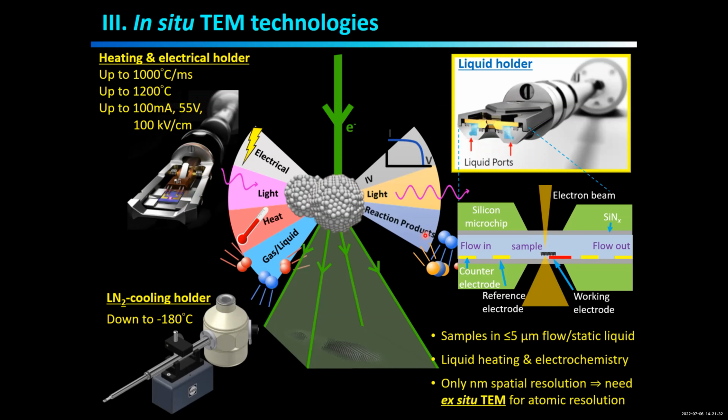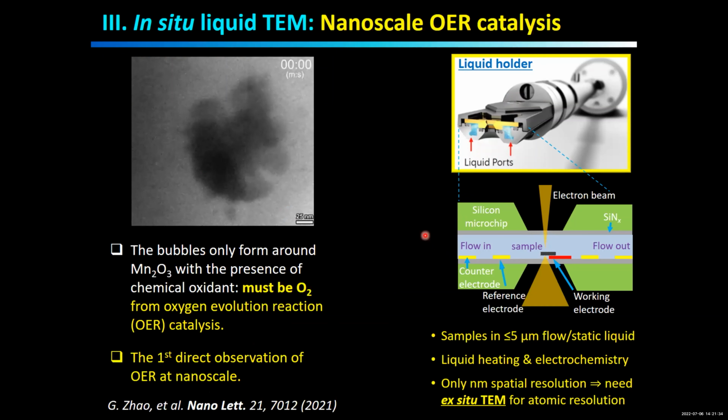So next, I will use our recent work to demonstrate the power of the in situ liquid holder. So for this holder, the sample will be loaded on this silicon nitride membrane, and the liquid flow can be conducted within these two membranes so that it will not affect the vacuum of the TEM column. And the liquid thickness is limited to be less than 5 microns so that the electron beam can penetrate through to image the dynamic process.